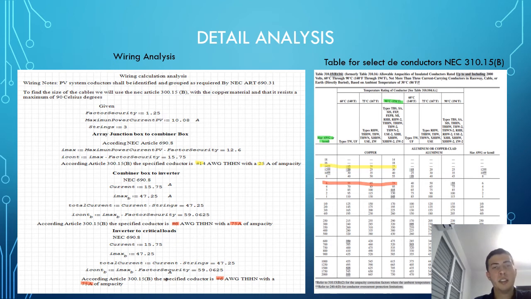We will use this article with the copper material, and that resists a maximum of 90 Celsius degrees. And this is all of the analysis to determine what cables the system needs.